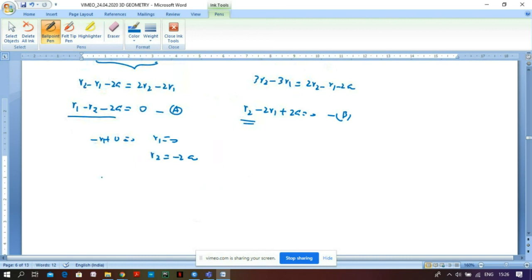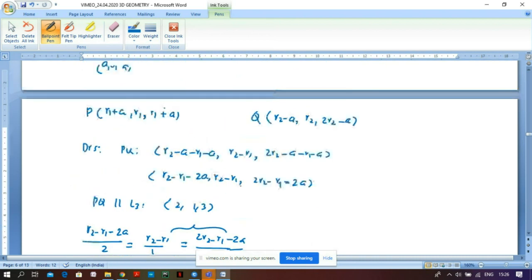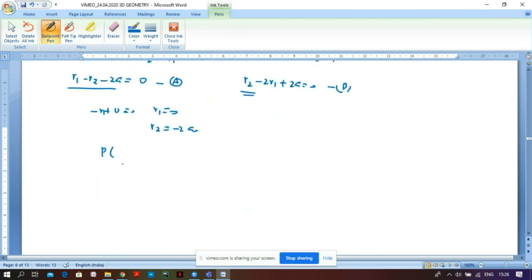So it means that point P happens to be, remember, P was given to be (r1 + a, r1, r1 + a). Because r1 is 0, P happens to be (a, 0, a).